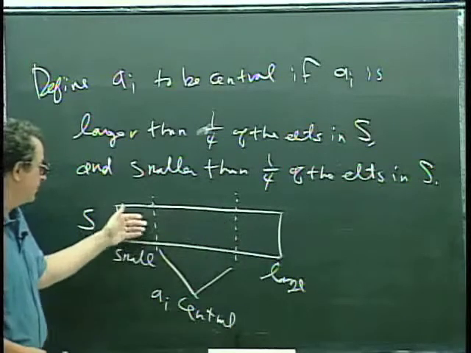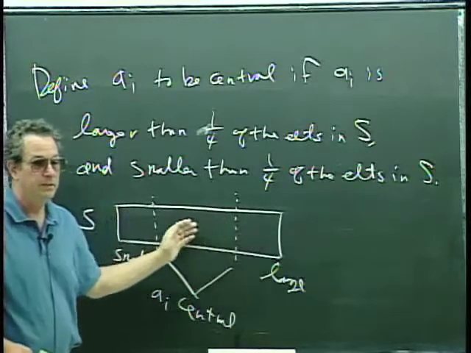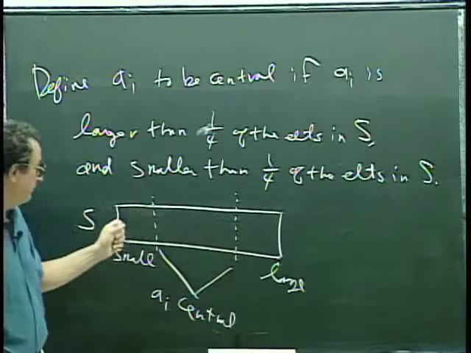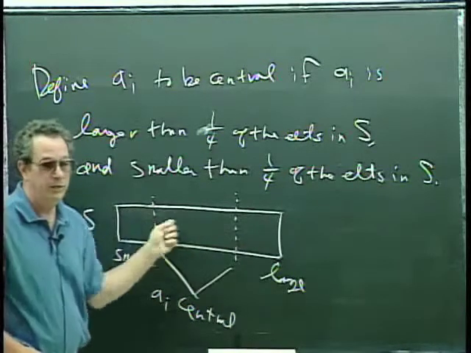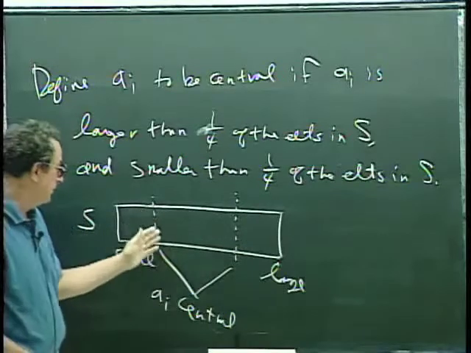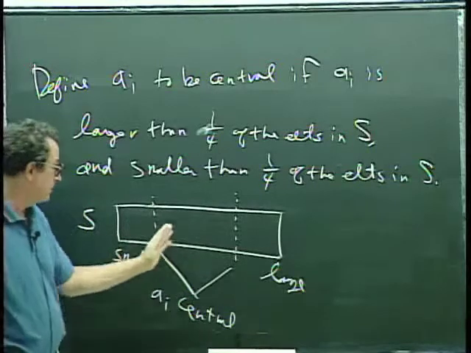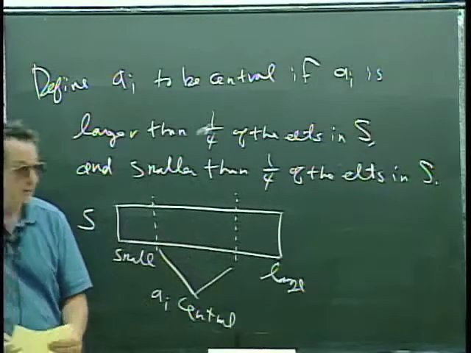This is a quarter of the size, this is a quarter of the size. Since we're picking AI randomly, which means every choice is equally likely, the probability that a randomly picked splitter is central is a half.